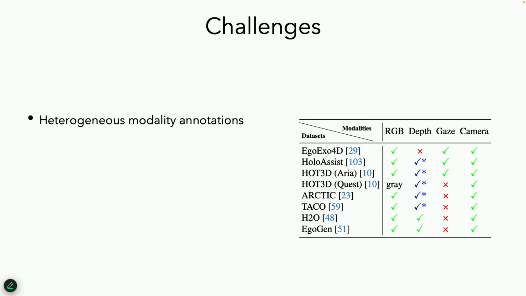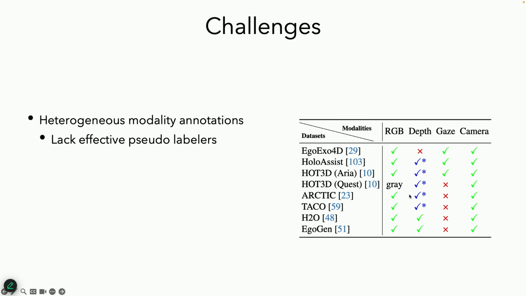So what are the challenges of doing that? The first thing is really the heterogeneous modality annotations. If you look at the datasets that exist, there are some datasets we have explored in our paper, in our project, and you can see they really have different types of modalities, and we lack effective pseudo-labelers.